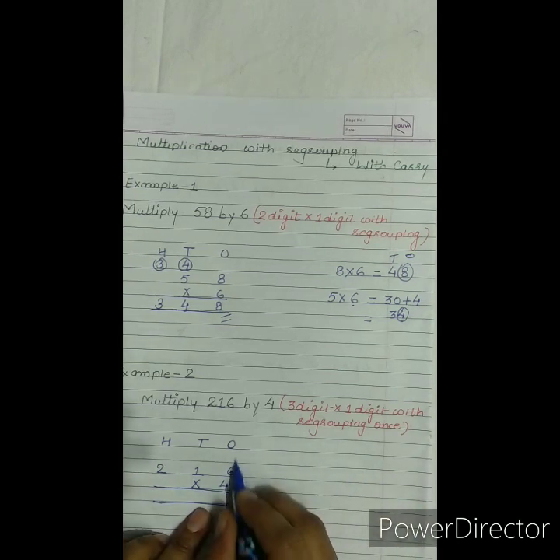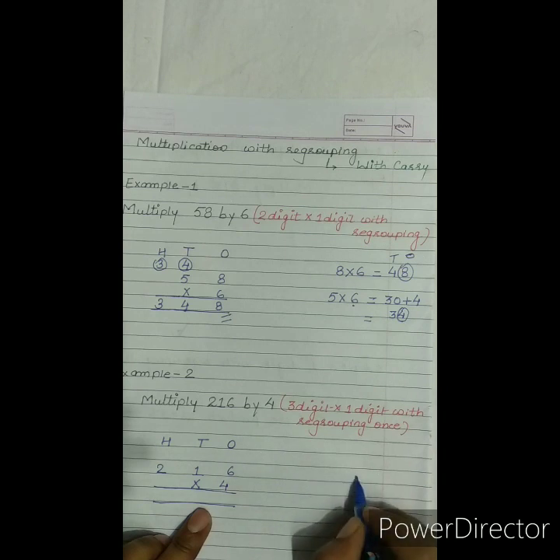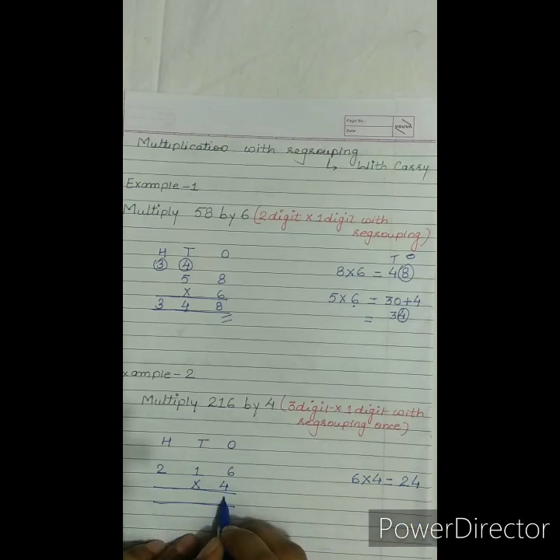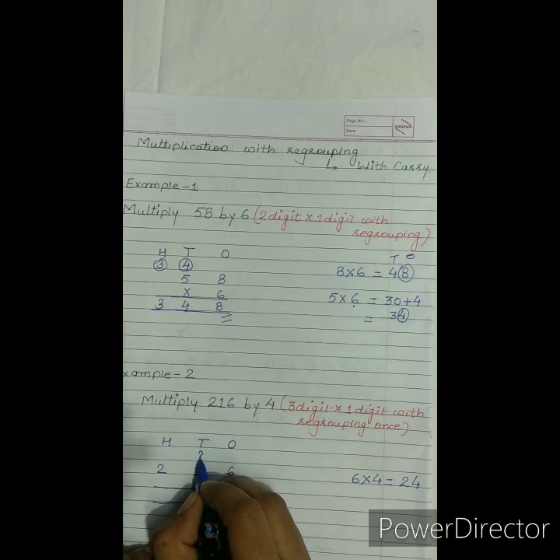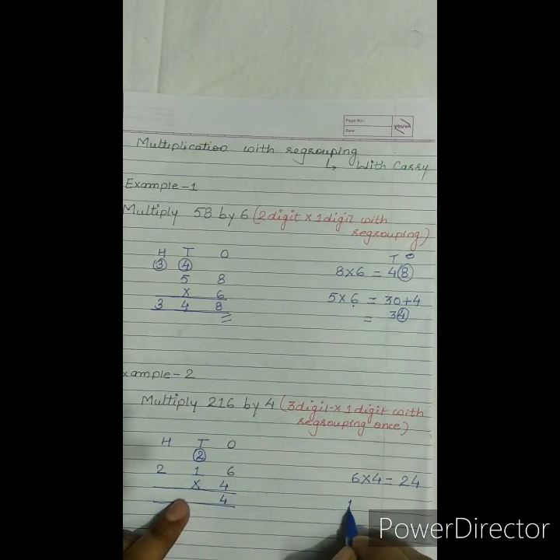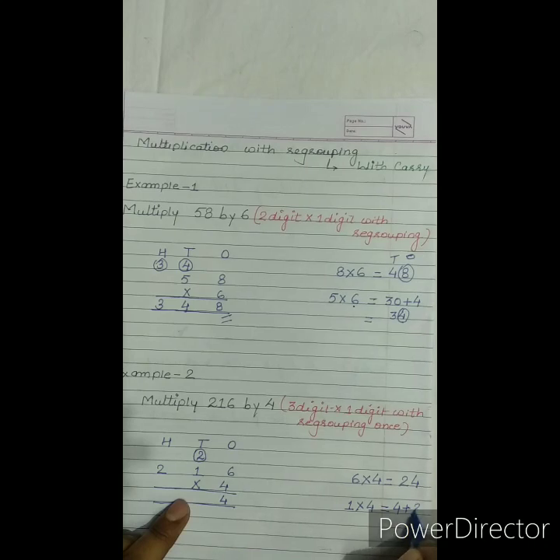Again let's start multiplying from the ones place. 6 into 4. 6 4 ja 24. So 4 comes below the ones place. 2 goes up as a carry to the tens place. Then 1 4 ja 4. 4 plus 2 is equal to 6.